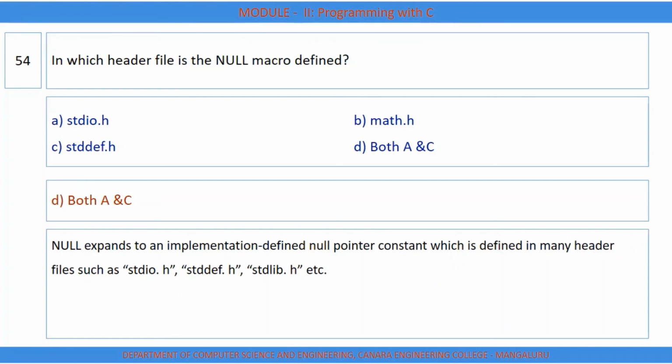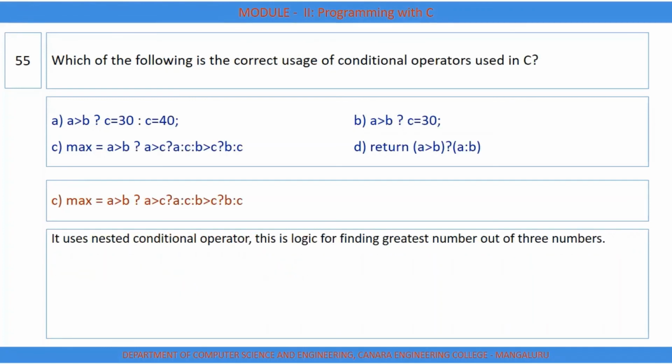Which of the following is the correct usage of conditional operators used in C? Option A, a greater than b question mark c equal to 30 colon c equal to 40. Option B, a greater than b question mark c equal to 30.